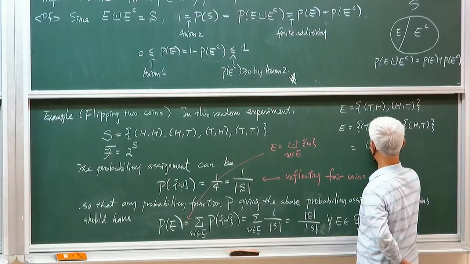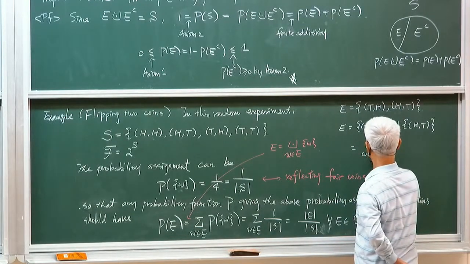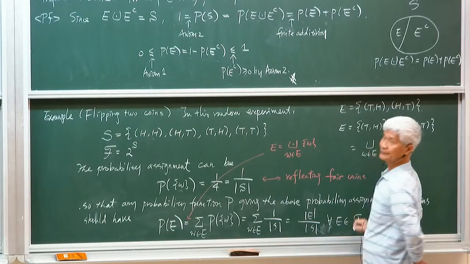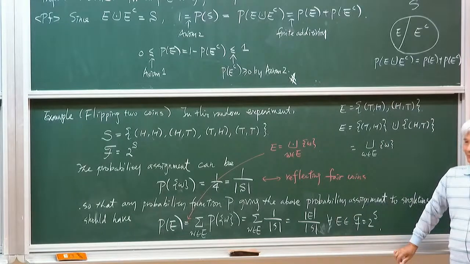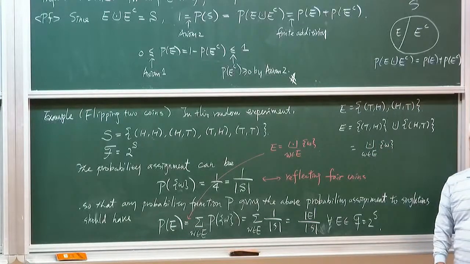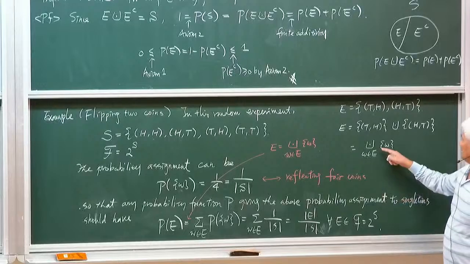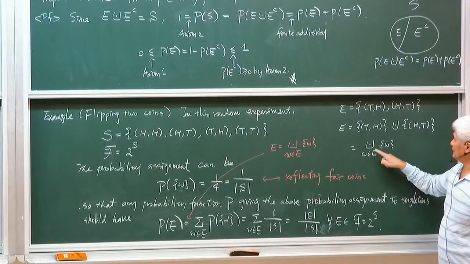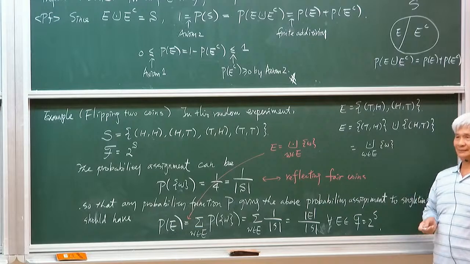So this is actually, I hope we understand, the disjoint union. You take every outcome in the event and take the union of their singletons.